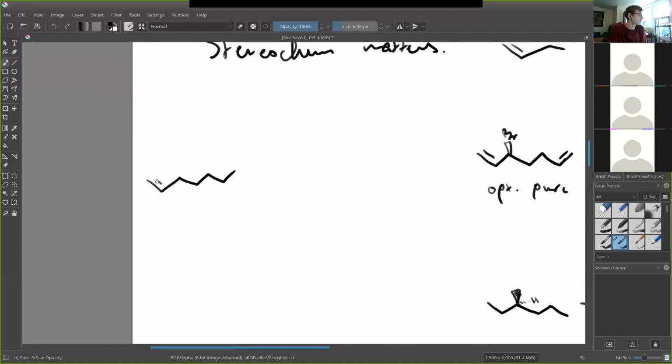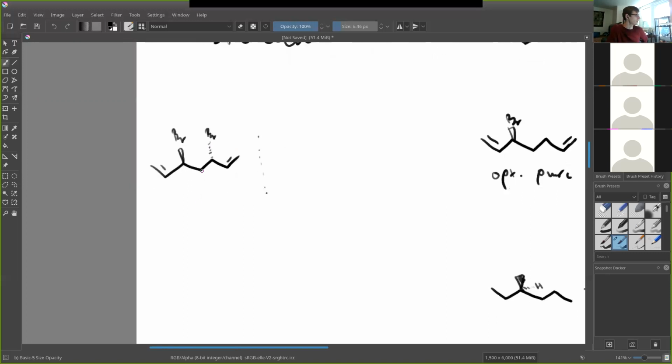So this thing looks like this, and then we have this one coming back. If we rotated these bonds, well, let me draw the mirror image just to see what we're working with.